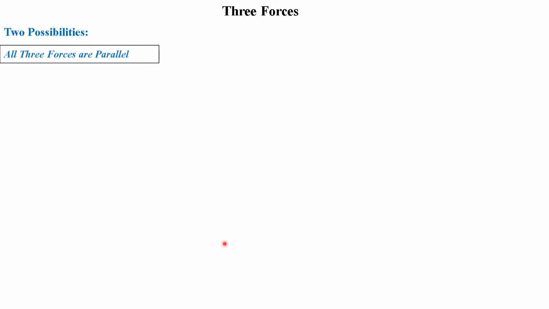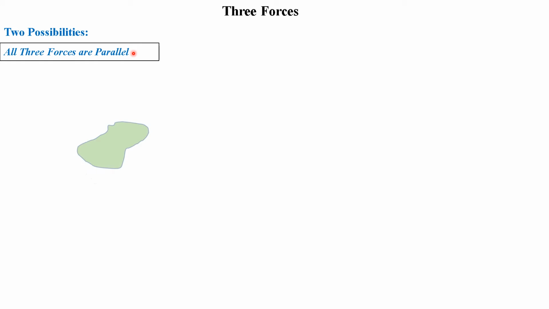Three forces. Now, the mechanism of three forces acting on an object, we categorize into two possibilities. One possibility is if all three forces are parallel, like this example, in which these two forces are parallel to the third force, and this is in equilibrium.